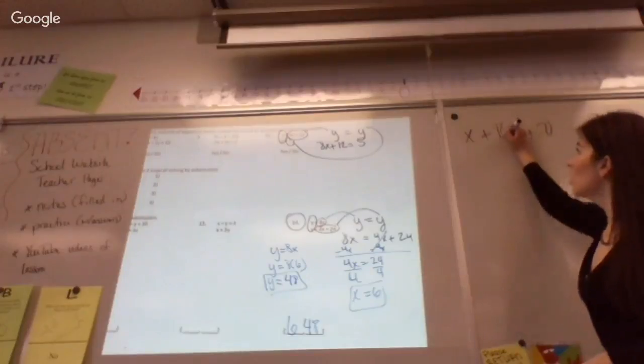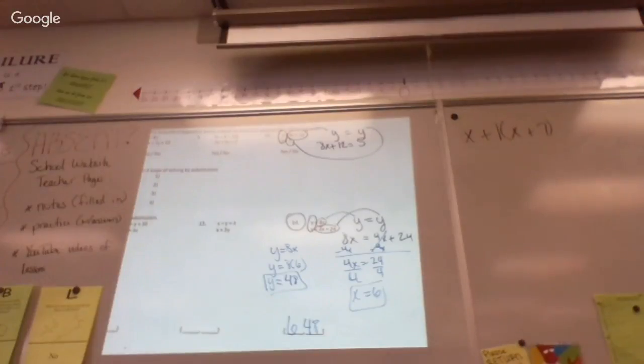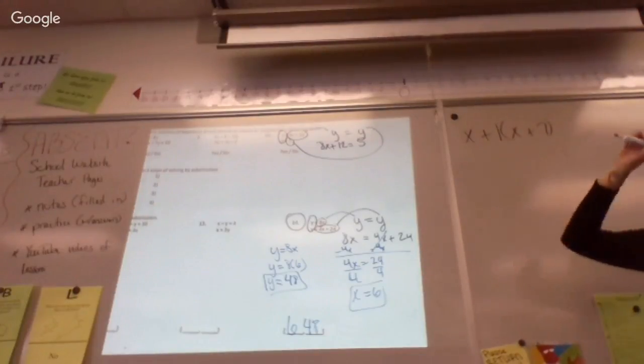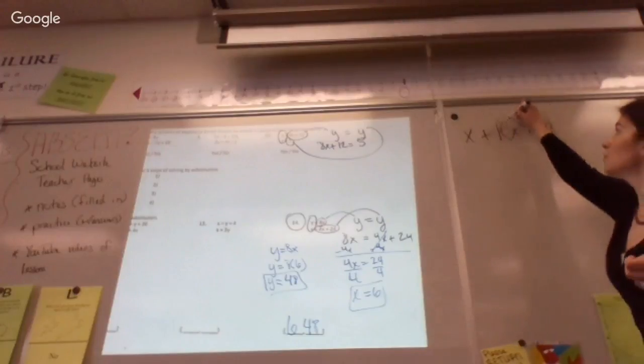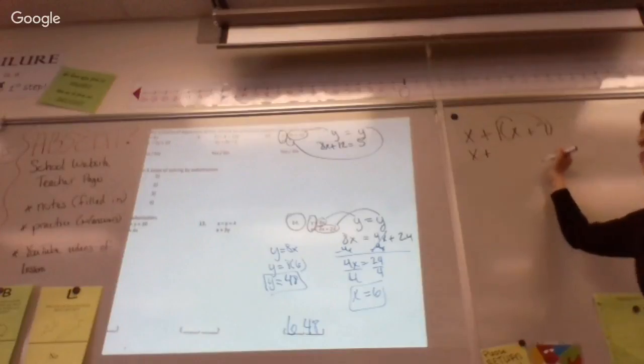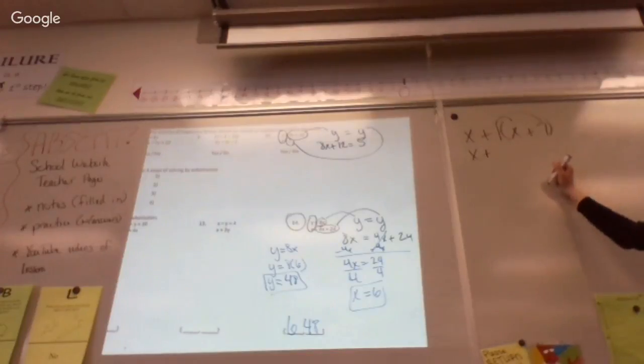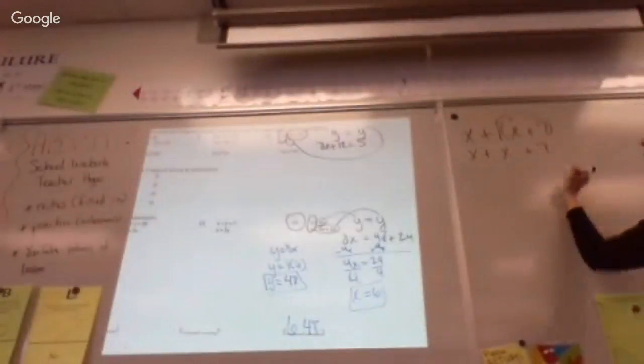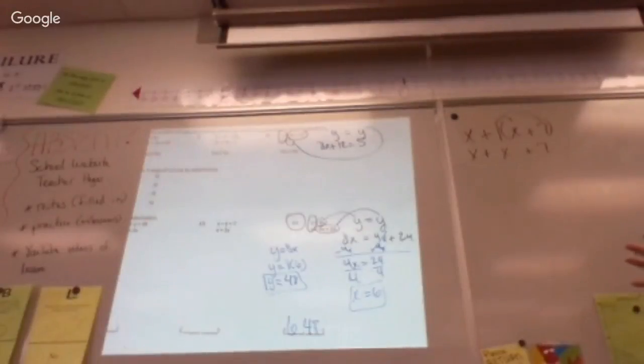There is technically a 1 in front of that. So if I wanted to, I can distribute this 1. But does multiplying by 1 change the answer? No, which is why we never talk about doing it.